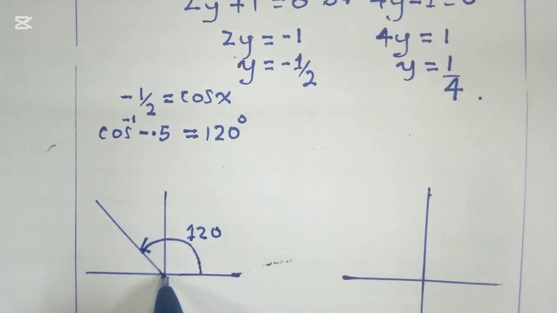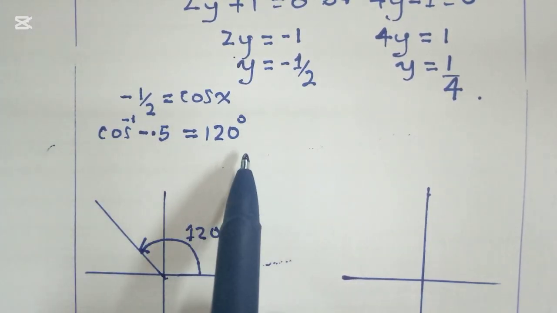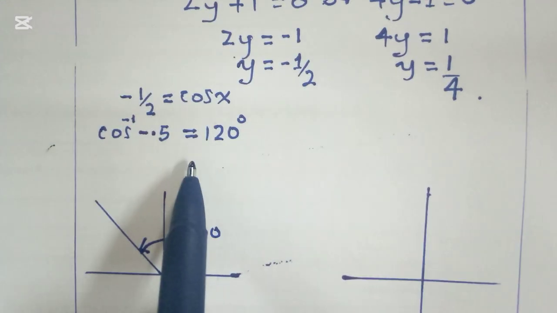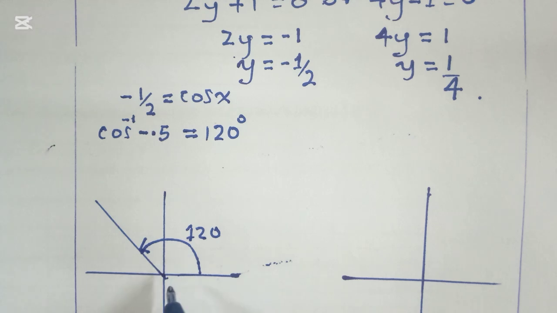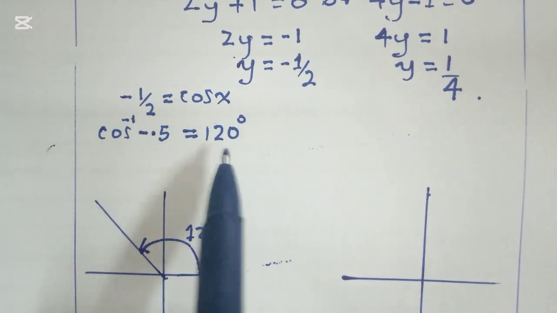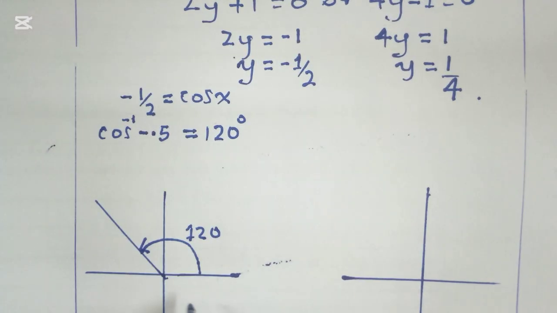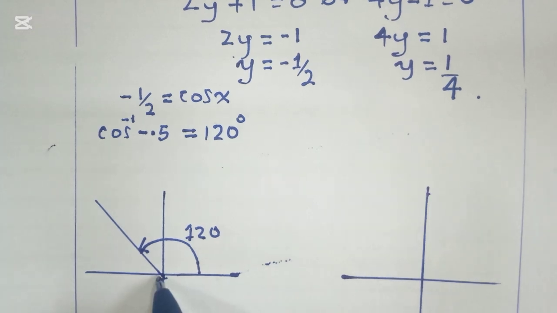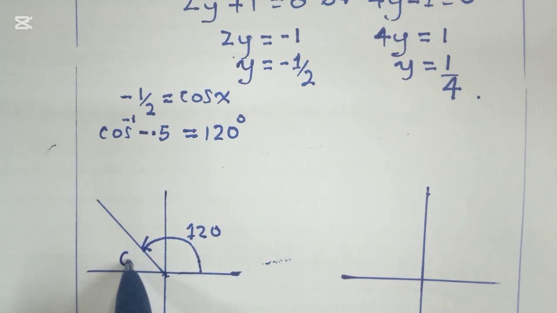But remember, guys, we are saying that cos 120 is equals to negative 0.5. So we find any other place where we have the same solution as 120. That could possibly be this other side. Because this is 120, then this is going to be 60.